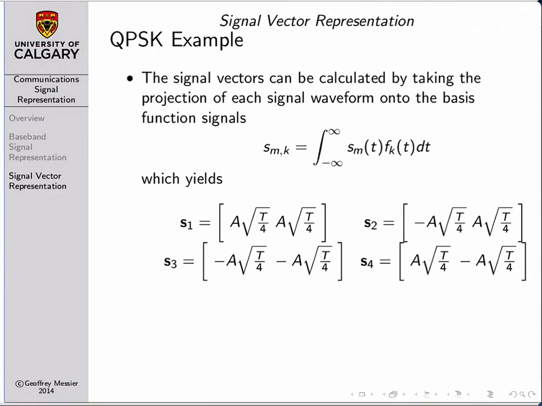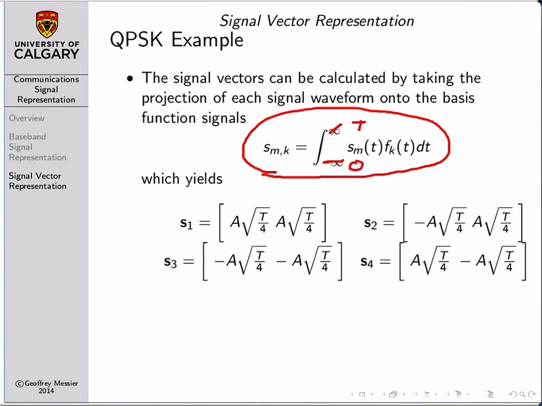The signal vectors can be calculated by taking the projection of each signal waveform onto the basis function signals. And so you can use this equation to determine the signal vector values. Again, in this case, you'd be doing your integral from 0 to T. Once we get into the linear modulation section, I'll just give you a short form for coming up with these signal vector values. But you can do it with this calculation as well.